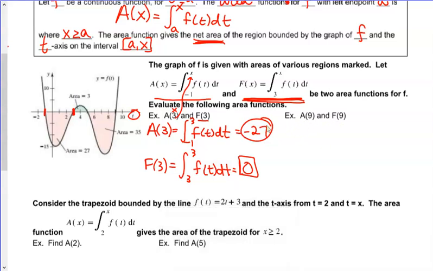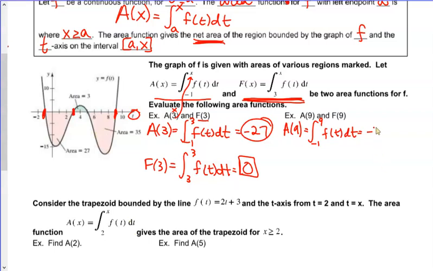Do a couple more of these, A of 9 and F of 9. So if I do A of 9, I'm going to plug 9 in for that x. So I'm going to ask, what is the area of this function from negative 1 to 9 of f of t dt? Now, from negative 1 to 9, which is over here, I need to take into account all 3 of these regions. So this one being negative, this one is positive, and that one's negative.